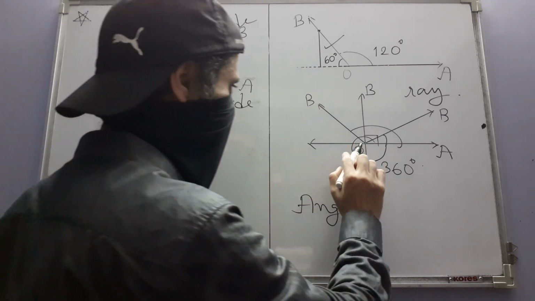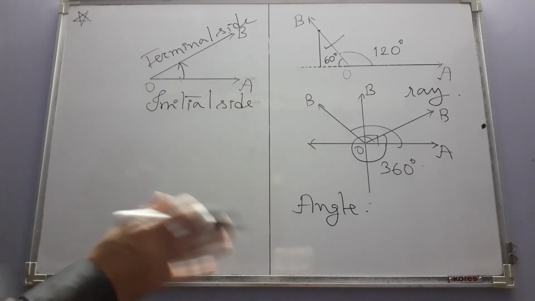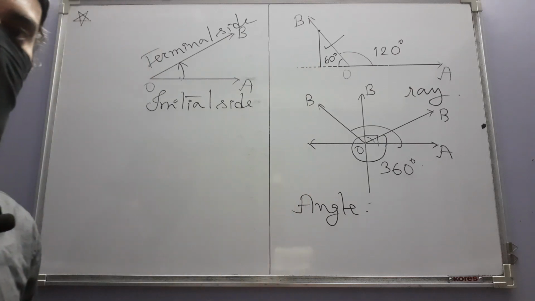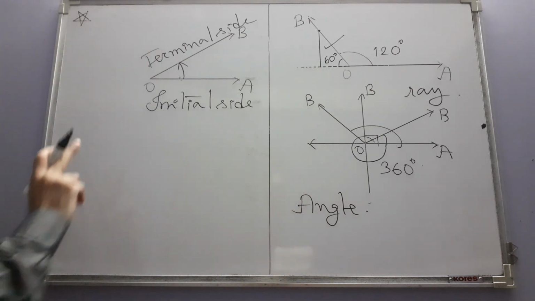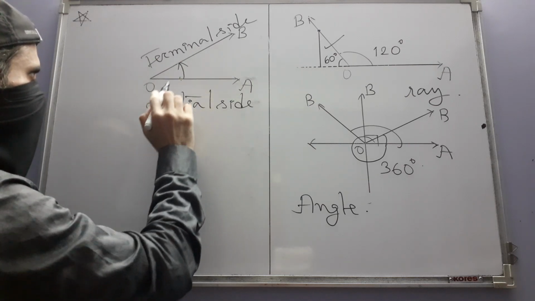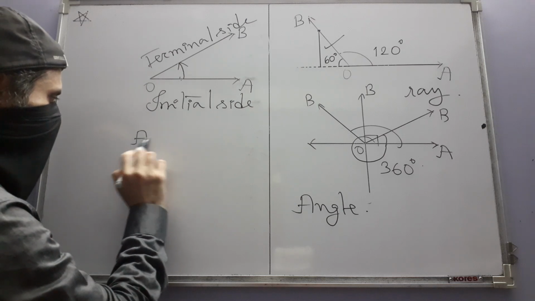Okay, it's just the angular measure. There is no sense in which, because these are not associated with rotations. Now only we are talking about rotations. So there is a sense in which this rotation has happened, and this sense is anti-clockwise, this particular one.